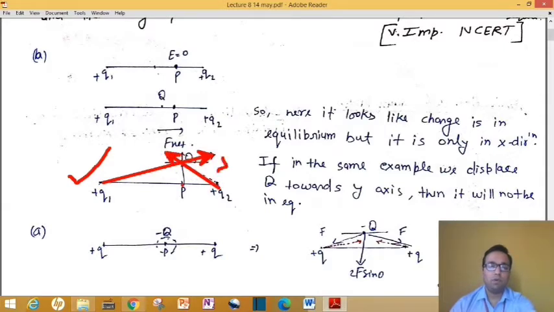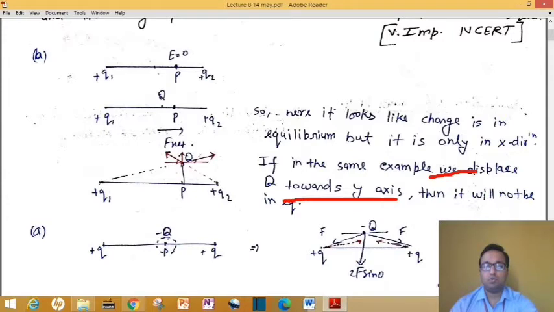For symmetric cases, the horizontal components may cancel out, but we will get a vertical component, that will be called F net. That's why if you lift this charge in the upward direction, it will never come back to its original position. So in the same example, if we displace Q towards the y-axis, then it is not in equilibrium.